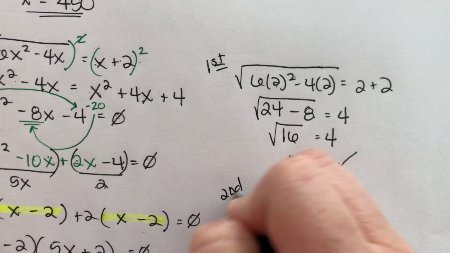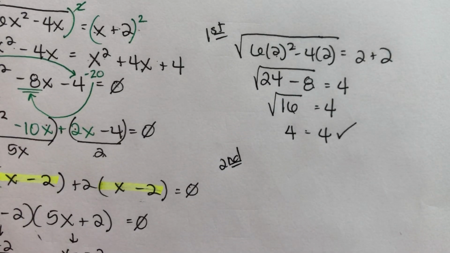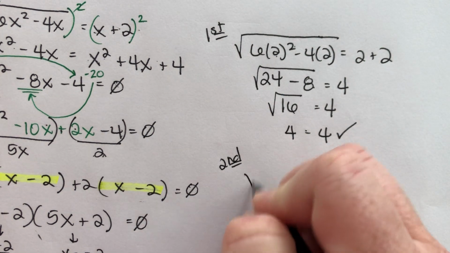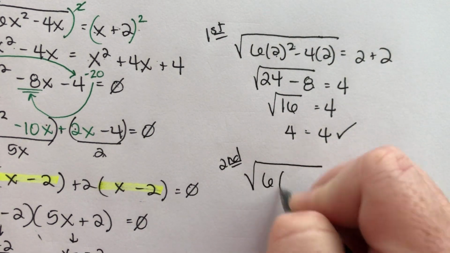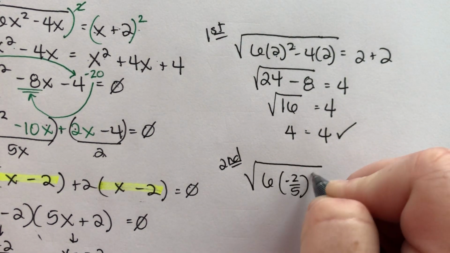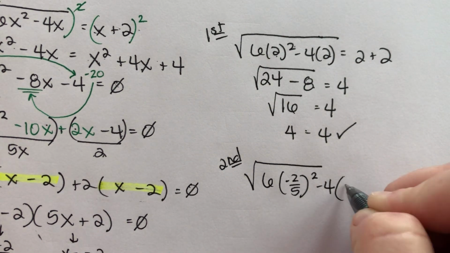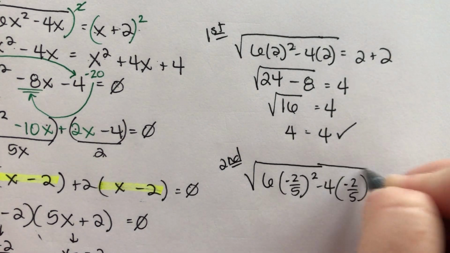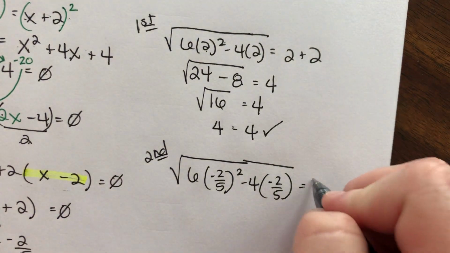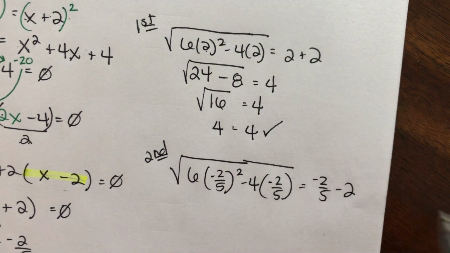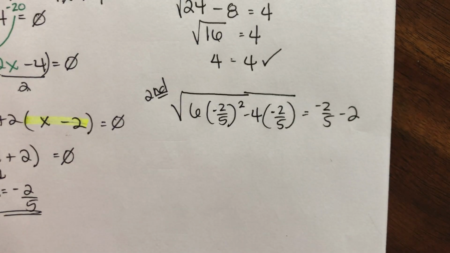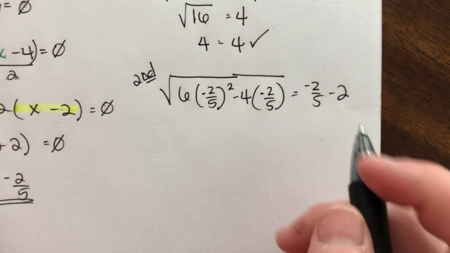Okay. Second, my other solution is negative 2 over 5, negative 2/5. So I'm going to have square root of 6 times negative 2/5 squared minus 4 times negative 2/5 equals negative 2/5 minus 2. All right, this looks tricky and it's fractions and nobody likes fractions. That's why I saved it till the end.